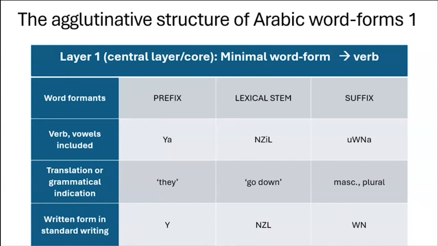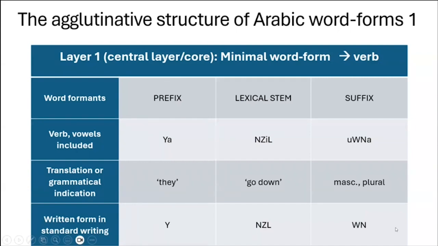So in word form in Arabic, you have two layers: a central layer or the core layer, which is the minimal word form in David Cohen's words. I give an example with a verb. You have the lexical stem, which is in the middle, that's the core. And then you have the prefix and then the suffix. Prefix and suffix are there for conjugation.